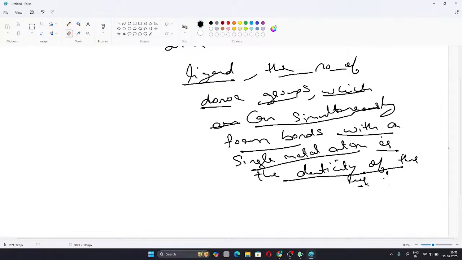This is a ligand. Let me repeat again. In a ligand, the number of donor groups which can simultaneously form bonds with a single metal atom is the denticity of that ligand.